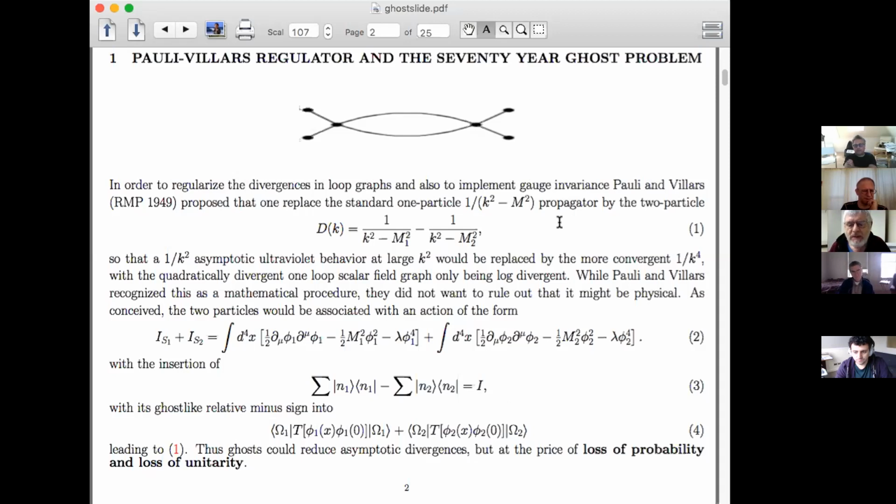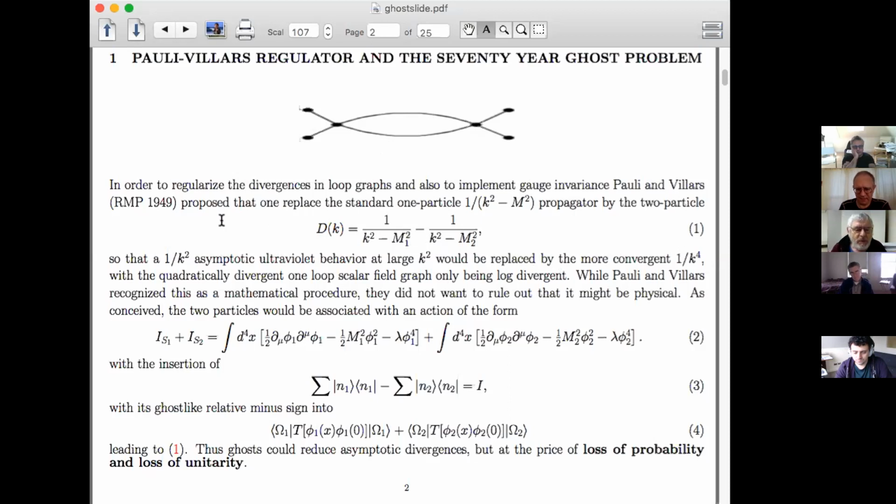And what they basically did was they replaced the standard single propagator by a pair of propagators. And because of the relative minus sign, instead of behaving asymptotically as 1 over k squared, this object behaves as 1 over k to the 4. And so this quadratically divergent graph becomes instead log divergent.